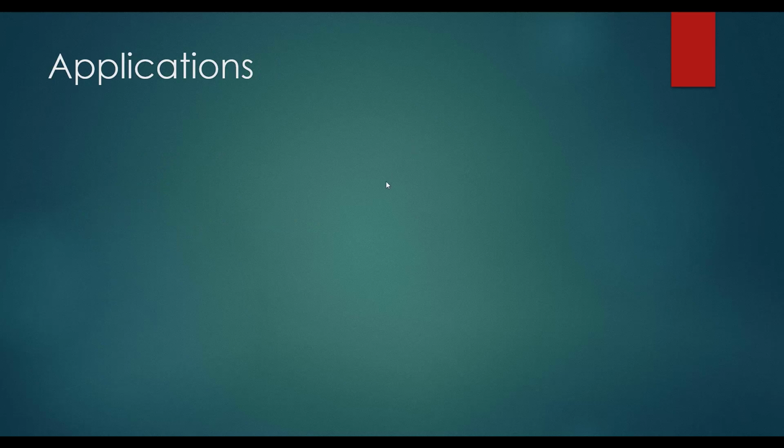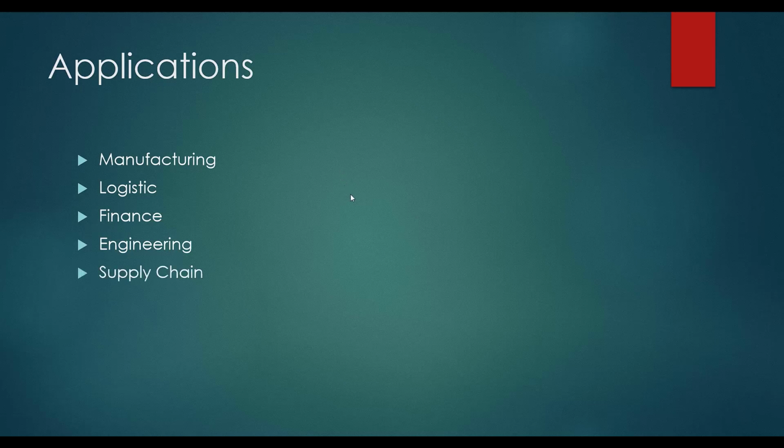As you know, optimization problems have different applications. Many manufacturing problems can be solved via optimization approaches. We also have optimization problems related to logistics, finance, and engineering. We have a wide range of supply chain problems that can be expressed as mathematical programming.